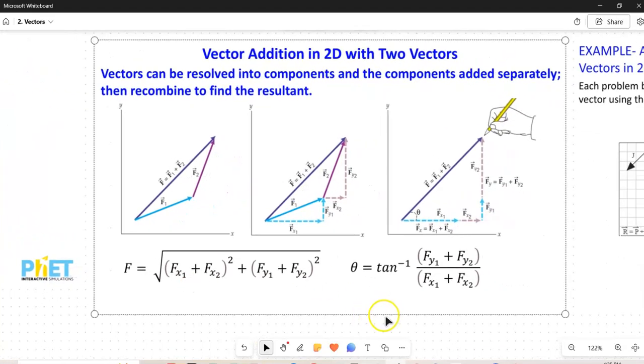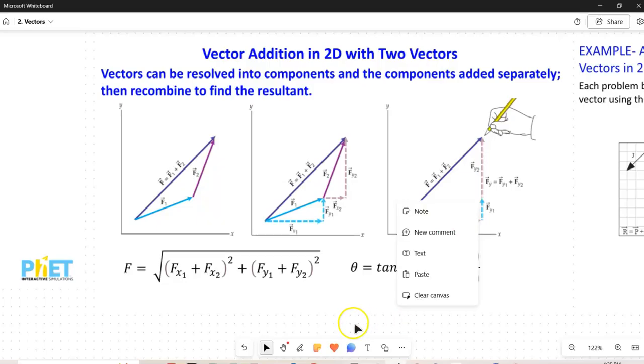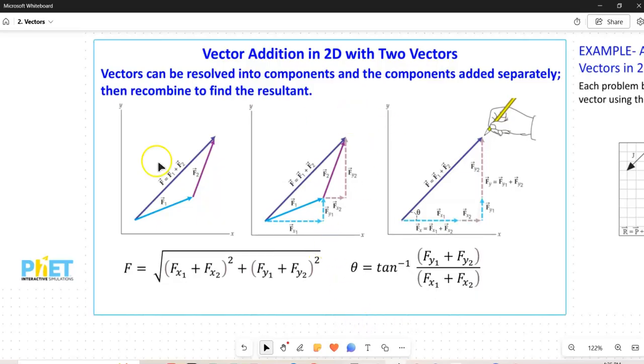Now, when you do the addition of 2 vectors, okay, when you add them together in 2 dimensions, what you have to do is take those x direction components of the vector and separate them out from the y direction components. So this F vector is going to the right.